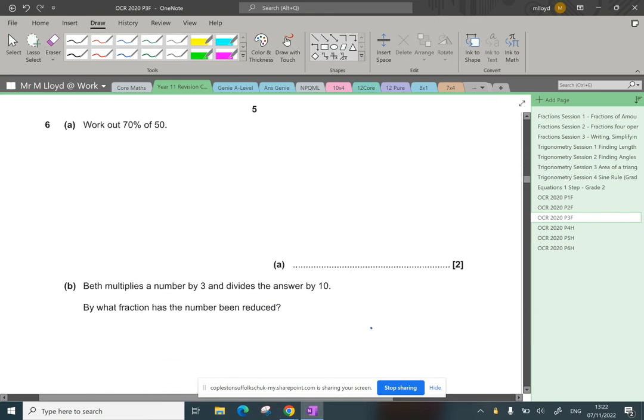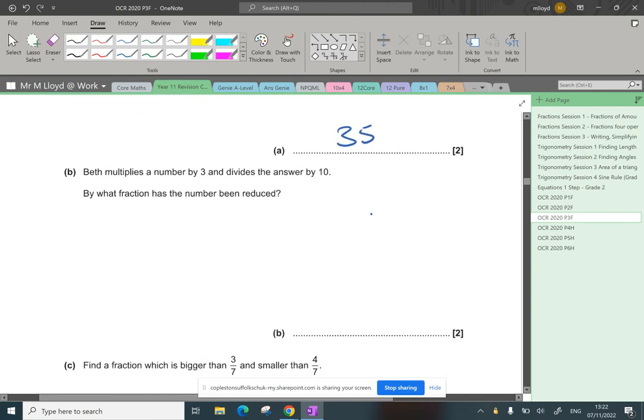Right, work out 70% of 50. So on the calculator, I'm going to do 0.7 times by 50. Remember, use that calculator. That gives us 35. Part B, Beth multiplies a number by 3 and divides the answer by 10. What fraction has the number been reduced by?